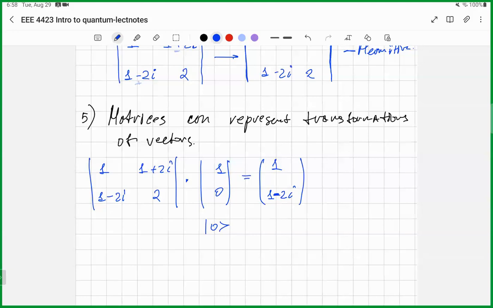That means that we can use matrices to represent transformations of vectors.